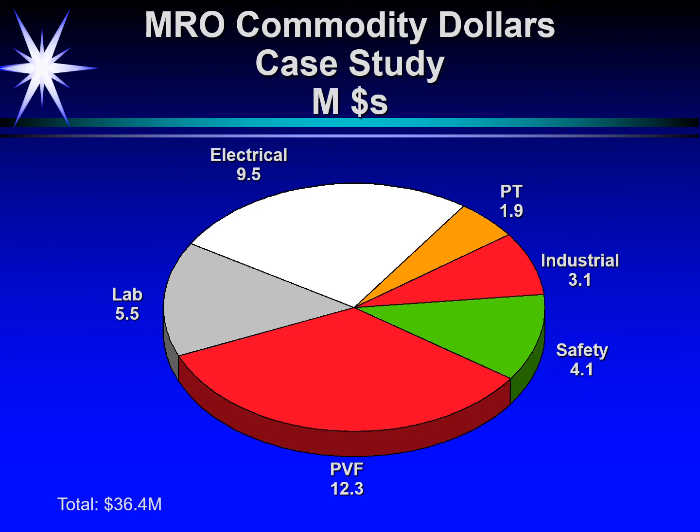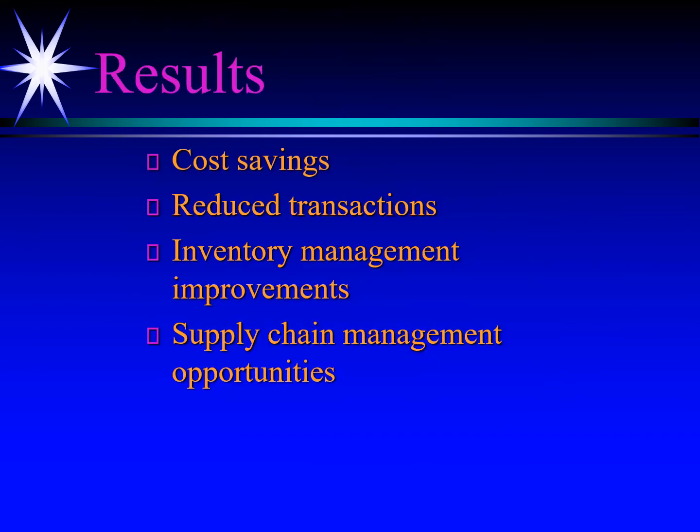All right, we did a pretty good spend analysis and we found out, okay, millions of dollars we spent, a total of 36.4. And it's pretty obvious. We did a pie chart. You can see which ones and how much we spent. All right, here's some of the results of what we did.